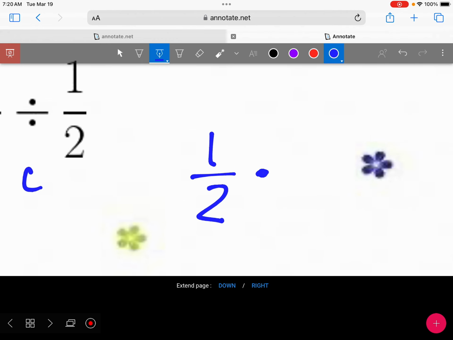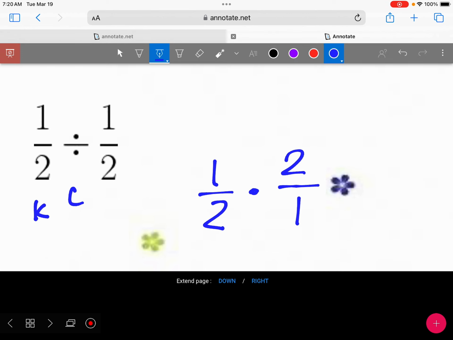And flip the second one, 2 over 1. So what is 1/2 divided by 1/2? What does this simplify down to? 1. Keep, change, flip.